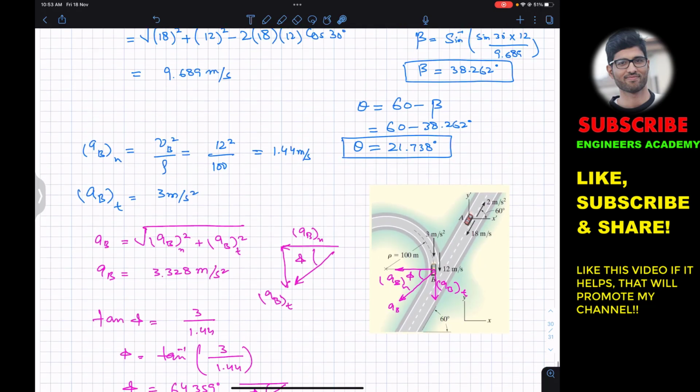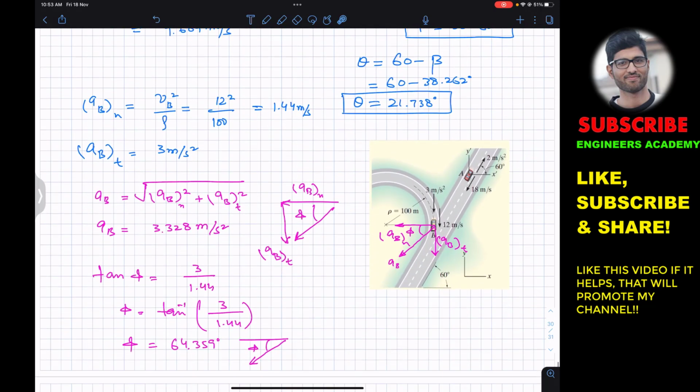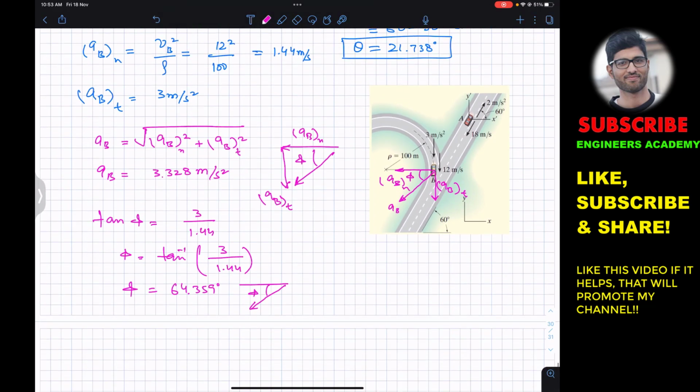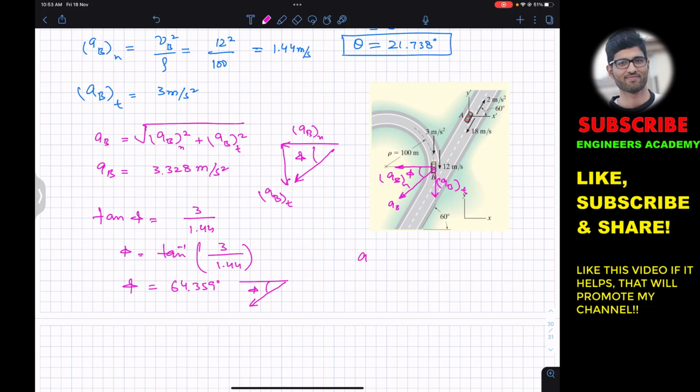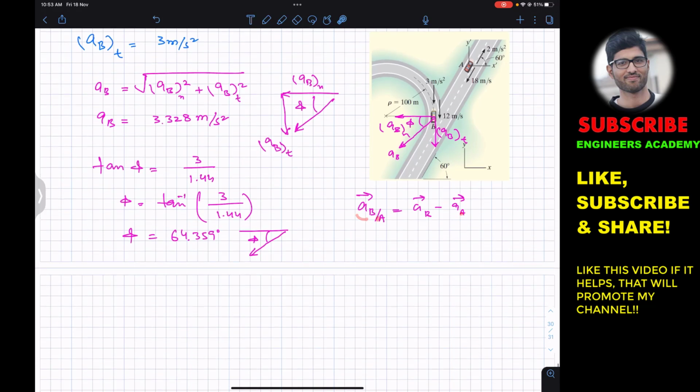The acceleration of B relative to A is equal to the acceleration of B vector minus the acceleration of A. If you do not remember this equation, convert this slash to minus. So AB minus AA.